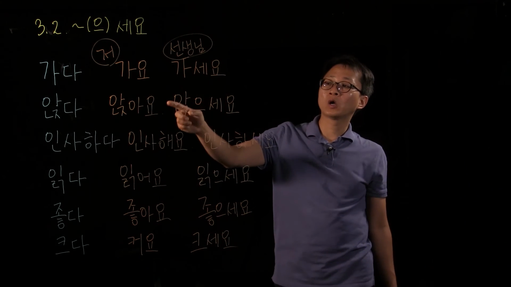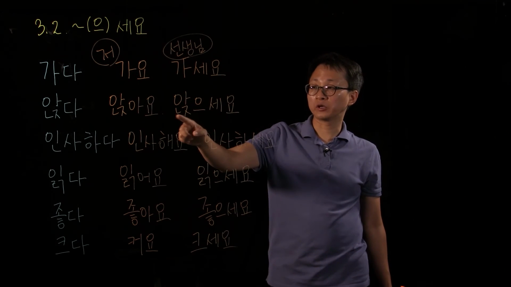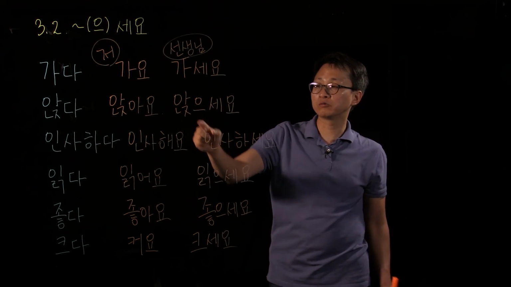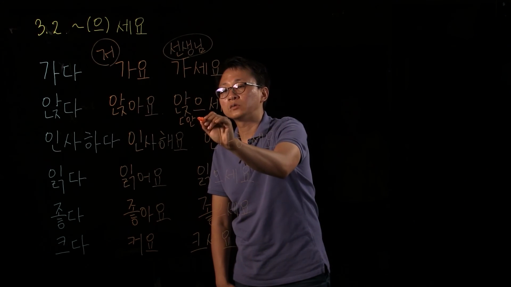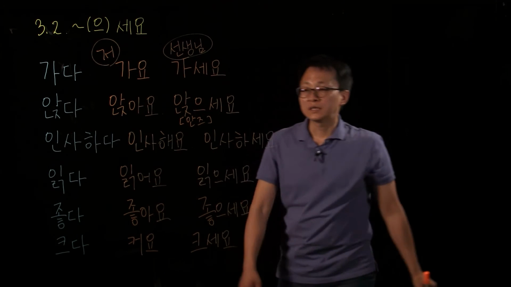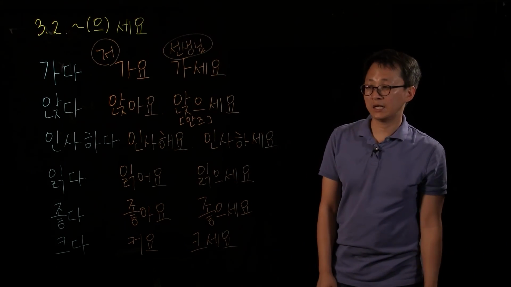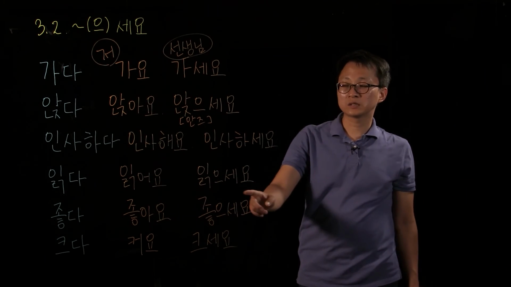So let's read this together. 가세요. 앉으세요. So when there are two consonants and one consonant carries over to the second syllable, you read it 앉으세요. 인사해요. 인사하세요. And 읽어요. 읽으세요.